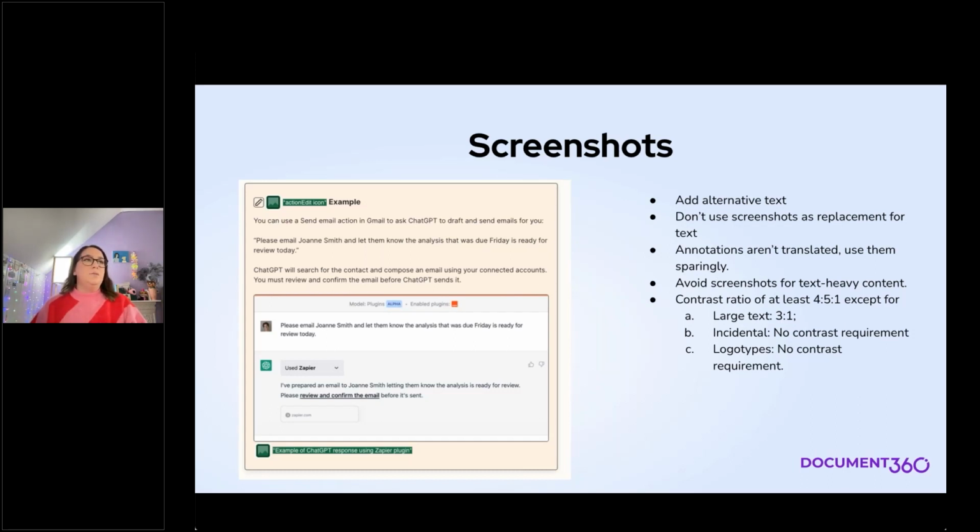And then lastly, ensure that there's sufficient contrast. So the Web Content Accessibility Guidelines 2.1 state that there needs to be a contrast of at least 4.5 to 1. There are a few exceptions which I've listed on the screen, but again, you can use tools such as WAVE, which is a Chrome extension that you can use on your content to see whether your screenshots meet that ratio, just to help our users.